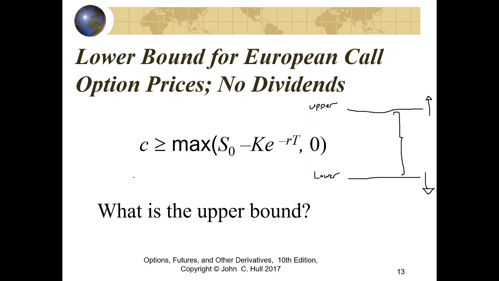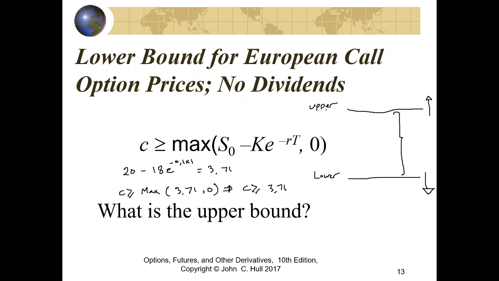So let's calculate the lower bound, which is 20 minus 18 times e to the power of minus 0.1 times 1, and this will lead us to 3.71, which means C should be greater than or equal to the maximum of 3.71 or 0, which leads us to conclude that C should be greater than or equal to 3.71. So that's the lower bound.